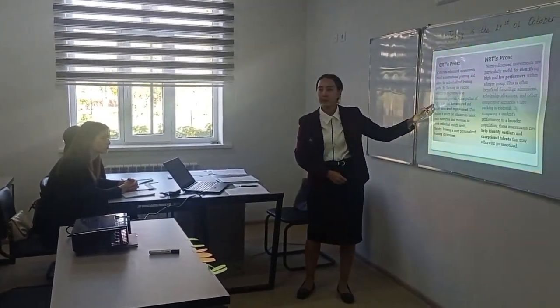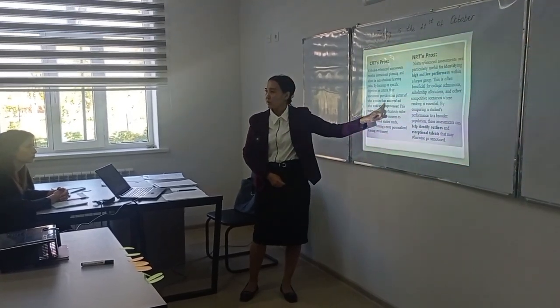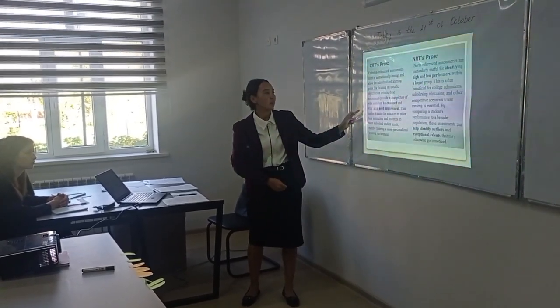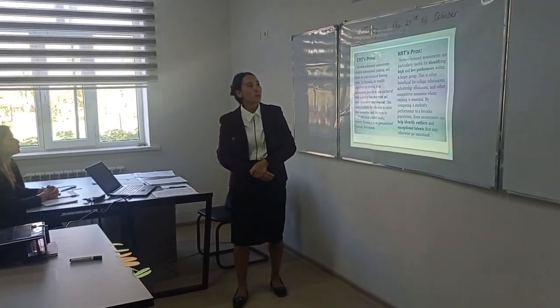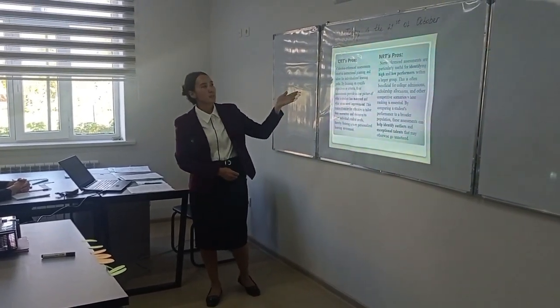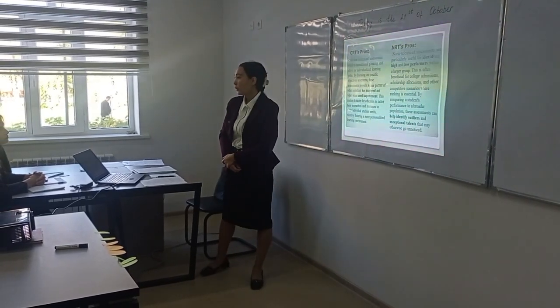Here also given the good and bad sides of these two assessments. Criterion-referenced assessment provides a clear picture of what a student has mastered at the end of the course, at the end of the program, at the end of the learning process, and what areas need improvement. And the good side of norm-referenced assessments is that they are particularly useful for identifying high and low achievers.